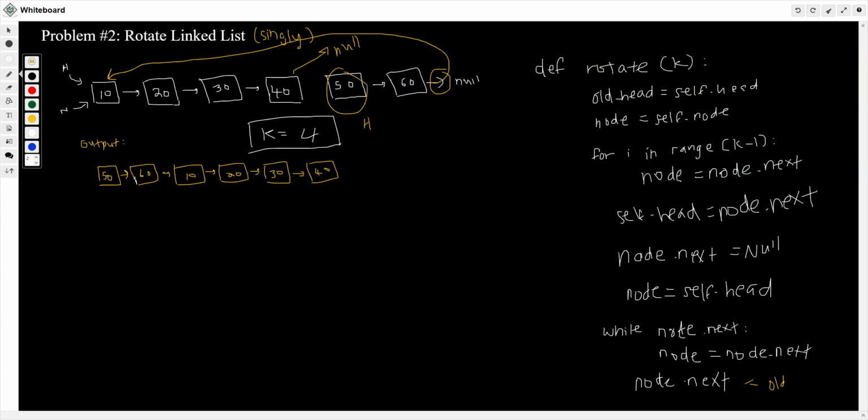I didn't know what to name it. Then this would be old head. So the 50 would be the head, and then 60 would be old head, and they're all connected, and 40 points to null. So we've successfully, using this code, rotated the singly linked list.